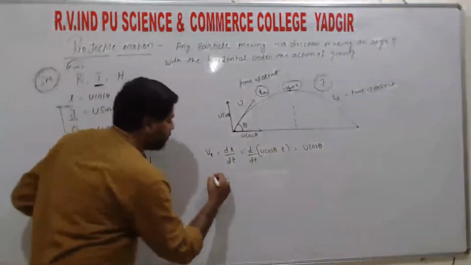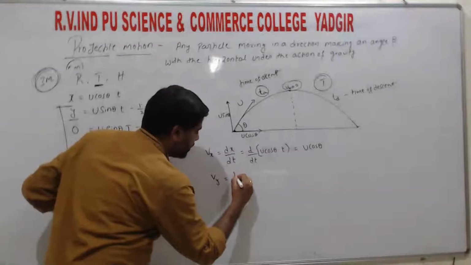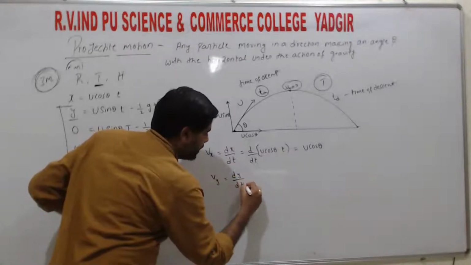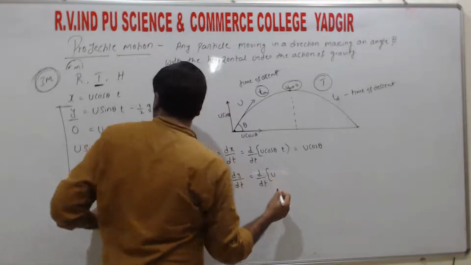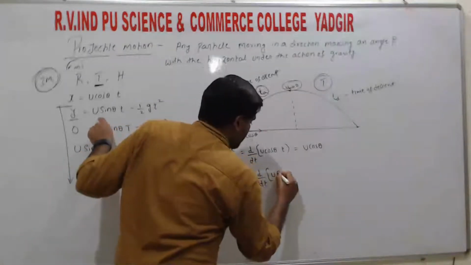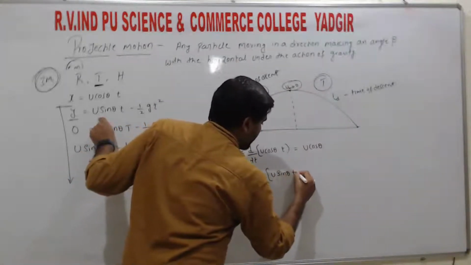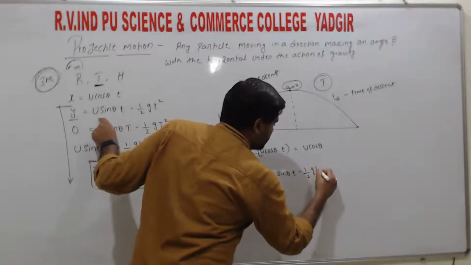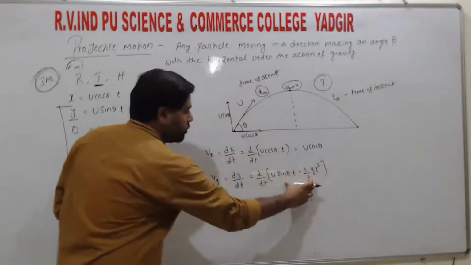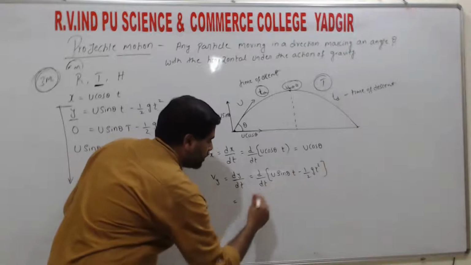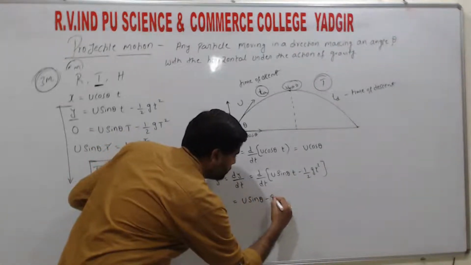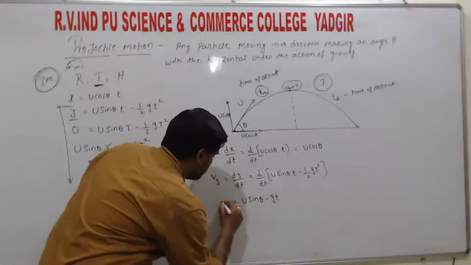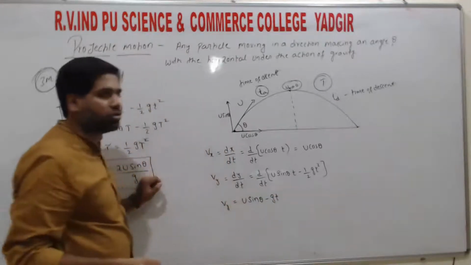Next, vertical velocity vy is equal to dy by dt, that is d by dt of the relation u sin theta into t minus half g t square. Now differentiating with respect to t, we get u sin theta minus g t.